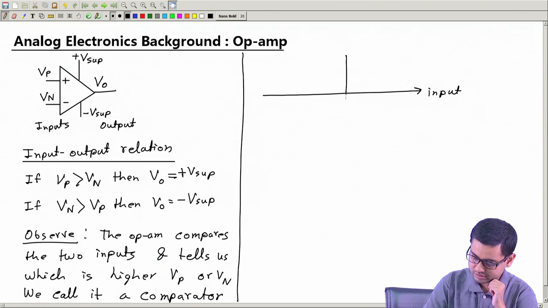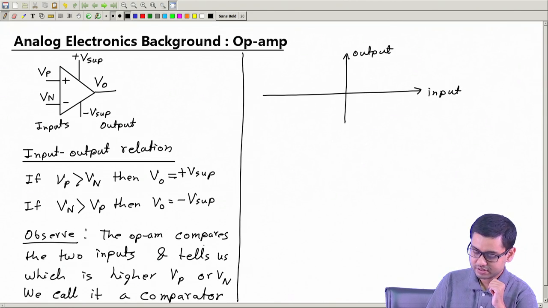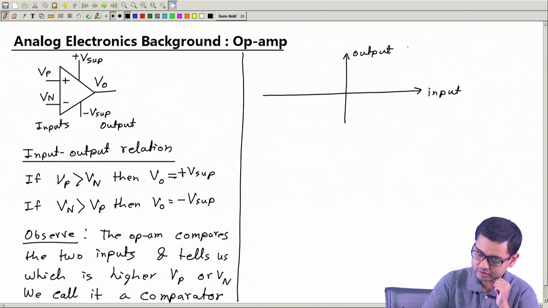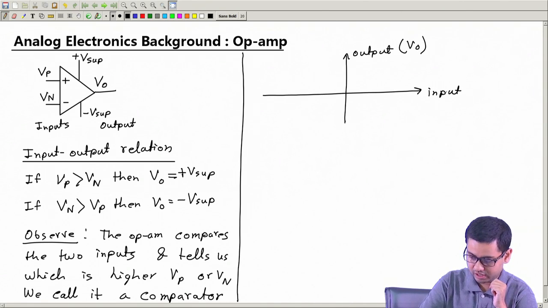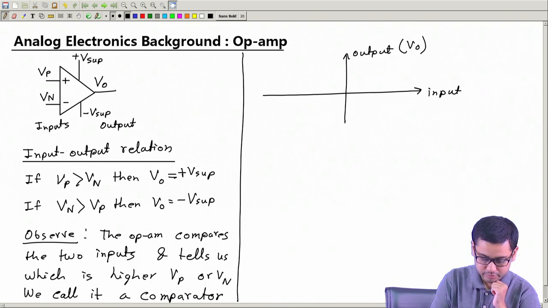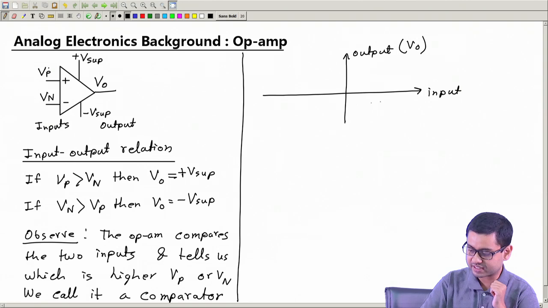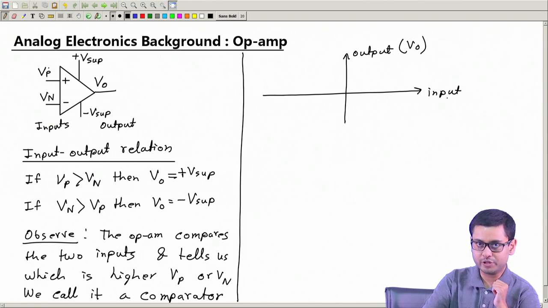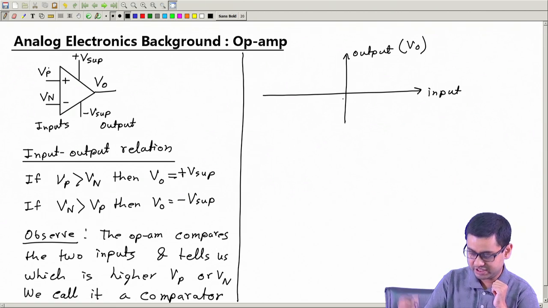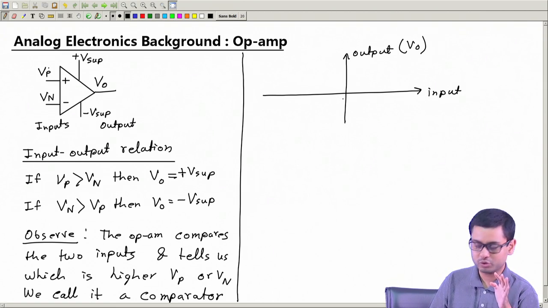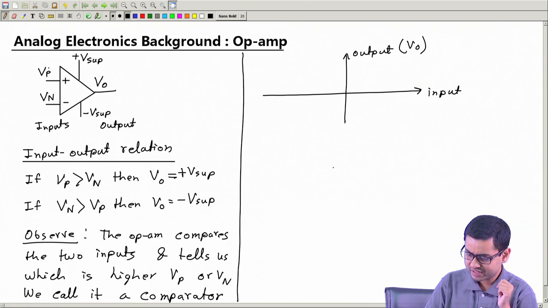Output is nothing but Vo, but for input I am in trouble because we have two inputs, Vp and Vn, and only one input axis. How do I put two inputs on it? I do not have a 3D graph, and I do not want to make it that complicated.